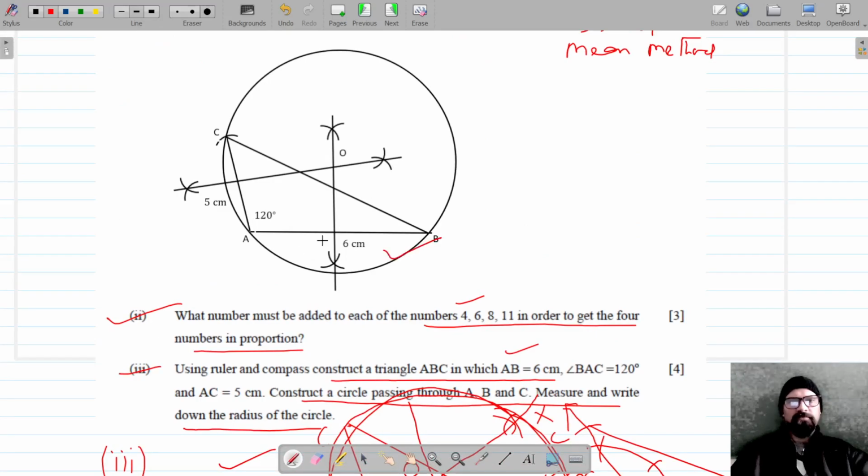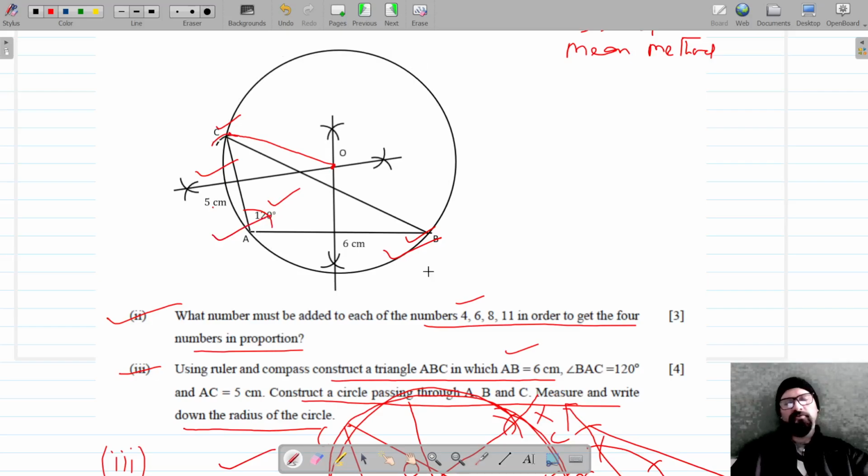This is AB, which is 6 centimeter. This is 120 degree, construct an angle. Then on this, cut an arc of 5 centimeter. Draw the perpendicular bisectors of AC and BC. They will intersect here. Now you place the compass here and open it up to C. So this will be the radius, and draw a circle.